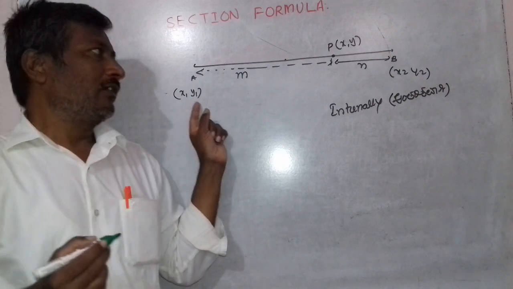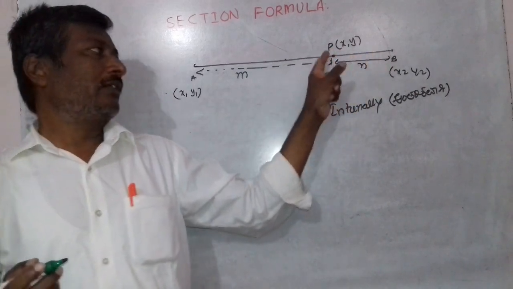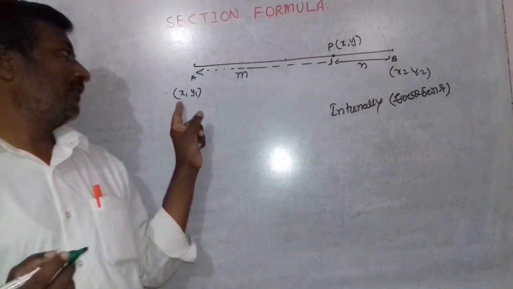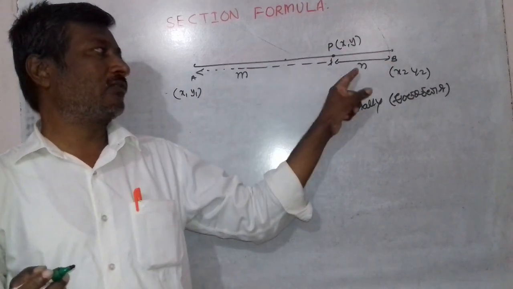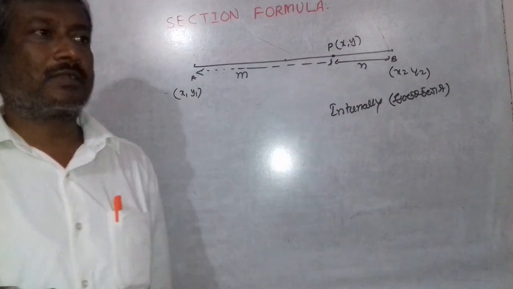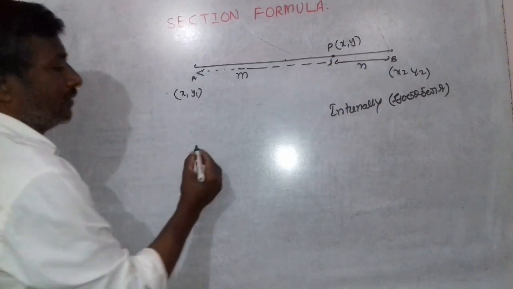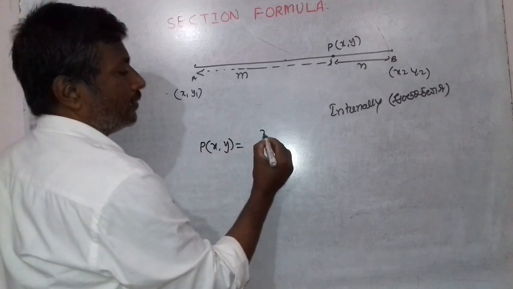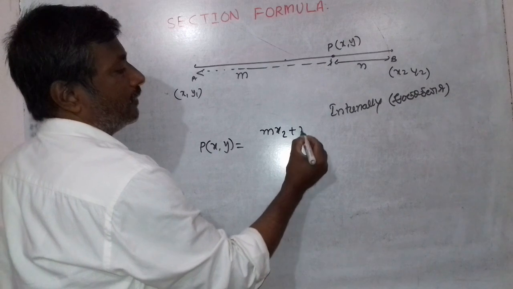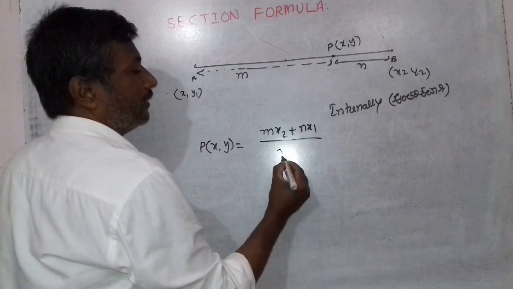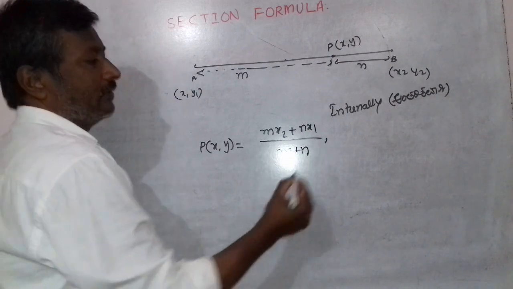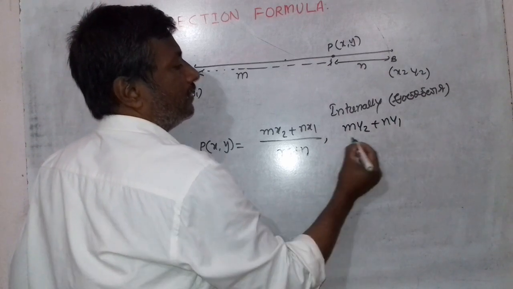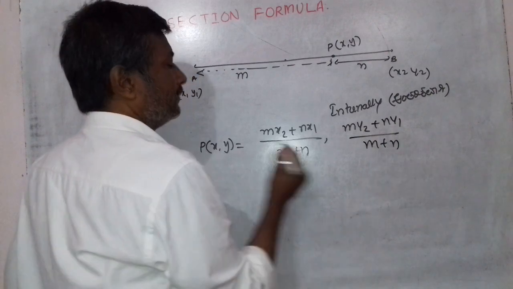That is, if the point P (x, y) divides the join of A (x1, y1) and B (x2, y2) in the ratio m is to n, then P (x, y) is given by ((m x2 + n x1) divided by (m + n), (m y2 + n y1) divided by (m + n)).